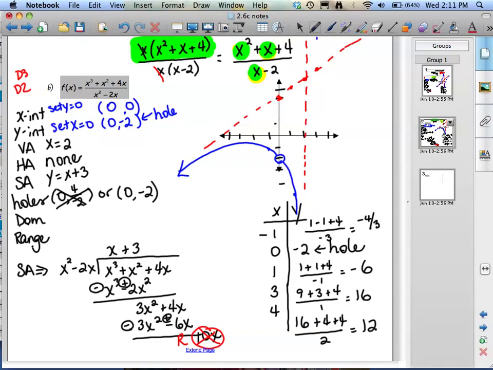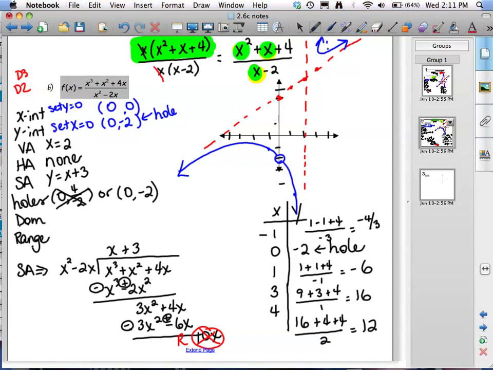And then 4, 12. So we know it's above in this little corner, so we're going to draw it something like in here. Because I'm basically interested if you can figure out in which sections of that grid there are.